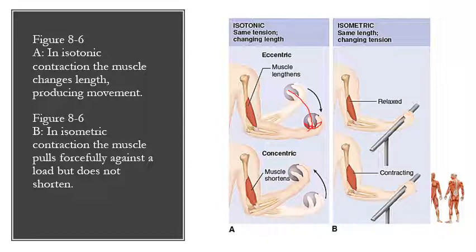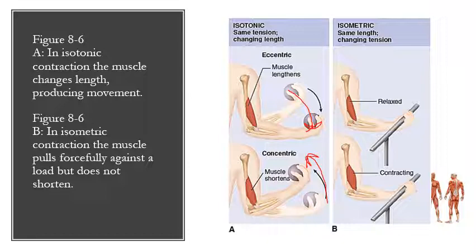Okay, so the muscle is lengthening on eccentric. Concentric, on the other hand, look at how that one's going. It's going the opposite direction. And that is where the muscle has shortened to bring that ball up towards the core of the body to adduct it.